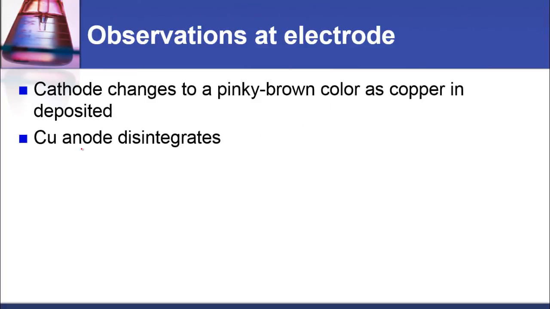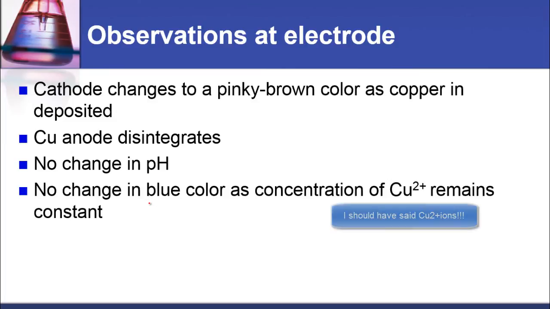The anode would disintegrate because the copper metal is forming ions in solution. So eventually your copper anode will become ions in solution, and therefore it will be used up. No change in pH and no change in the blue color because the concentration of the H+ remains constant.